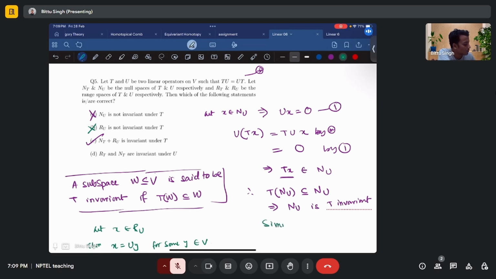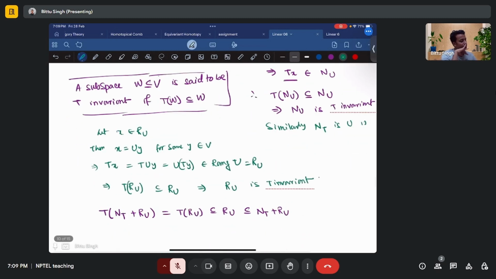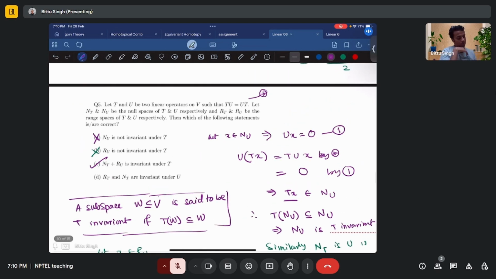Similarly, just exchange the role of T and U, and we will have Nt is U invariant. And similarly, range of T is U invariant. So Rt and Nt both are U invariant.